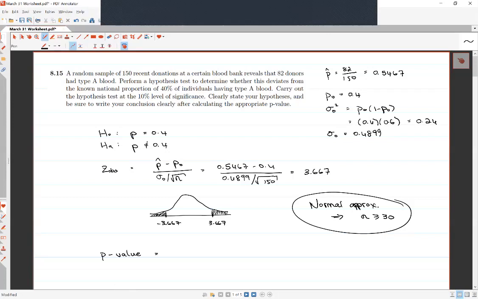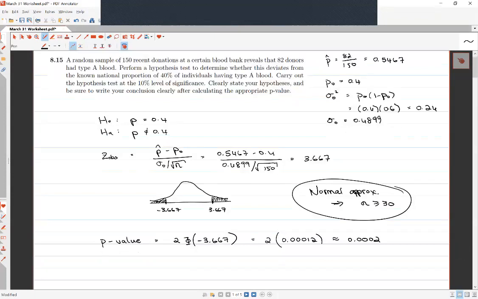we can calculate our p-value as 2 times the normal CDF at the negative value of the test statistic. And if you go and plug that into norm CDF on your calculator, this will give you 0.00012, or if we ultimately round this, say, to 4 decimals, you'll get a p-value of 0.0002.